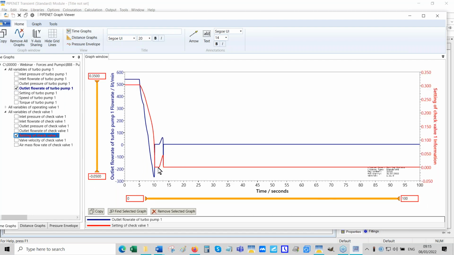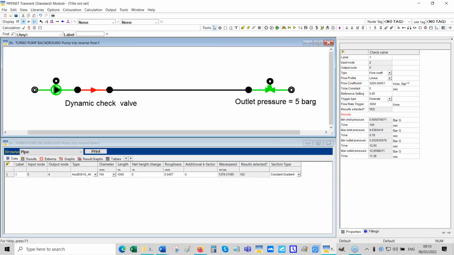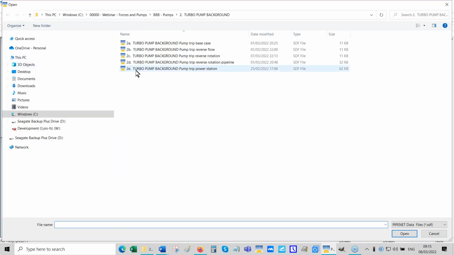See, it goes to zero for a while and the flow rate becomes negative, then it opens again and finally closes. Okay? So you can see that everything makes sense. It's quite beautiful, the results that you're getting. It agrees completely with what our intuition tells us. This is pump trip with reverse rotation.